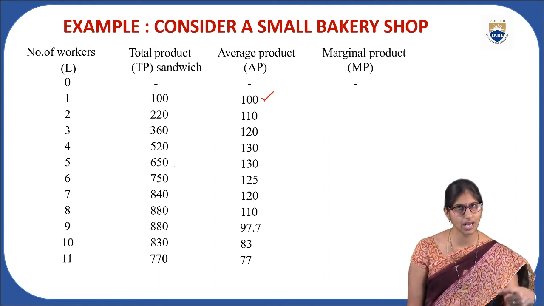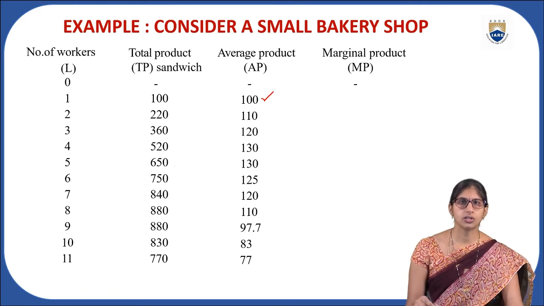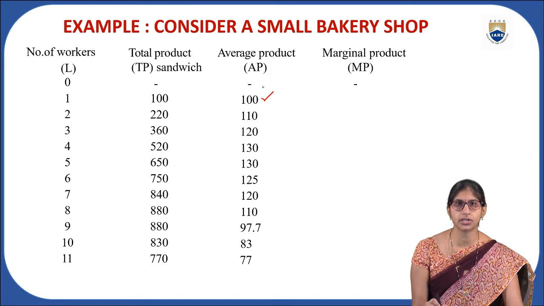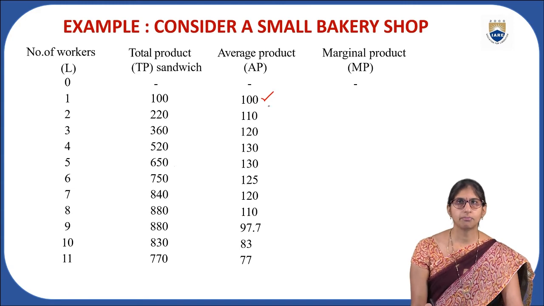That is the reason we are studying the law of variable proportion, the law of returns to scale, isoquants and isocosts and all. We can see here, when we are considering only one factor of production, what happens to the output.